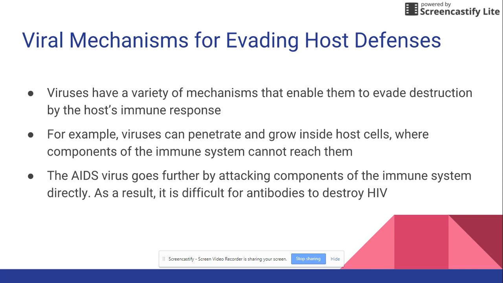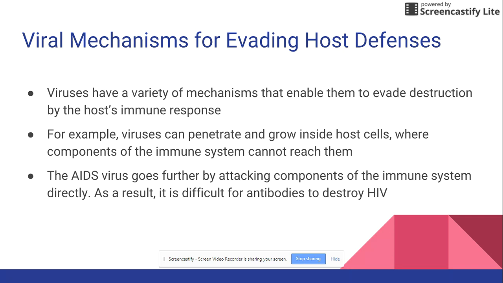So think about these as sort of like little ninjas, trying not to be seen by the host cell's defense system. Whether they disguise themselves or sneak around trying not to get noticed, they're doing the same thing.